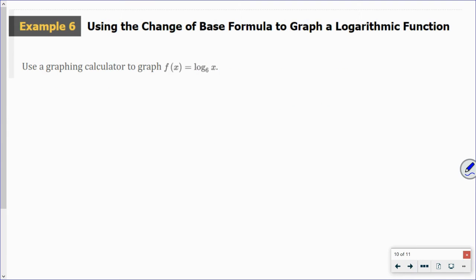So graph using a graphing calculator. Now, again, we can do these different bases on our graphing calculators, but before they would want you to graph log base x or base 10 over log of 6. We've also talked about how we can create a table really quick using that different base.